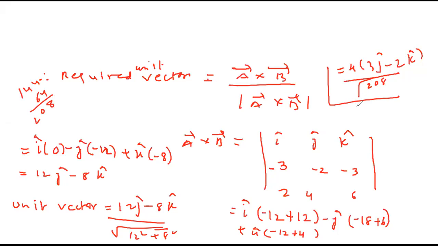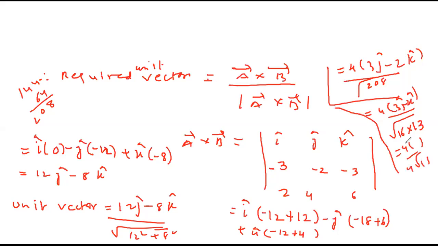Anything we can take common? Root 13. So it is 4 times 3j cap minus 2k cap upon 16 into 13 you are getting, right? So 4 into this 4 root 13. This 4 will get cancelled. A is the correct option.